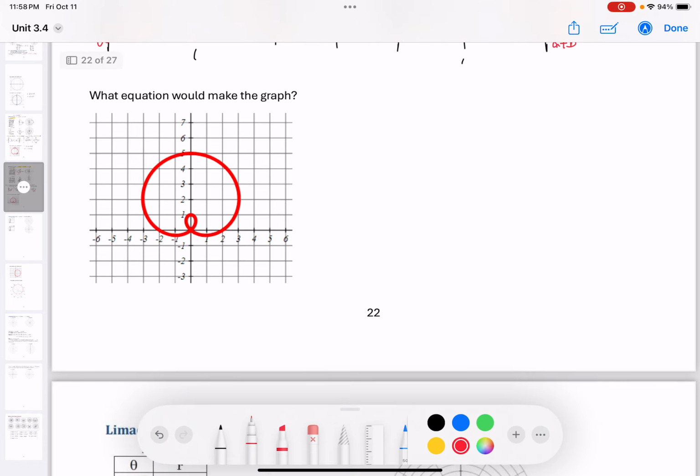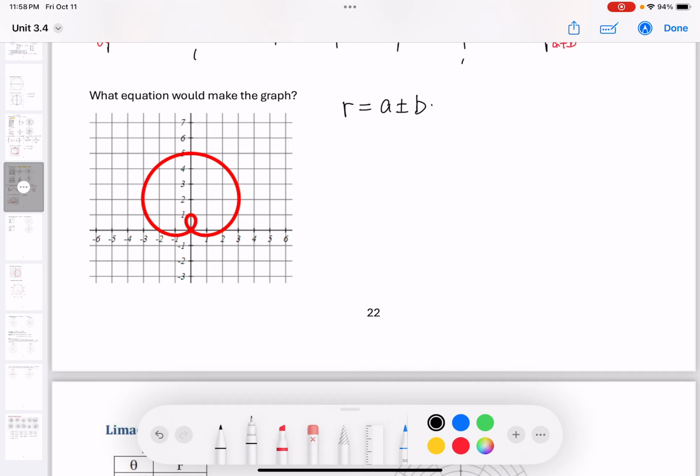Let's see a graph. From this graph, I want to find the equation. So r is equal to, so this is the limaçon with the inner loop. So a plus or minus b times, I need to put the cosine or sine.